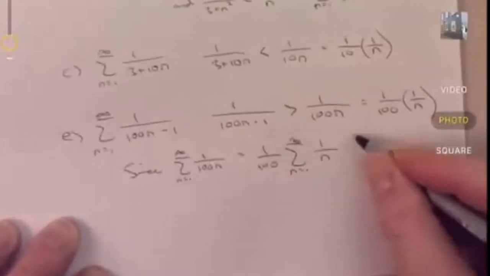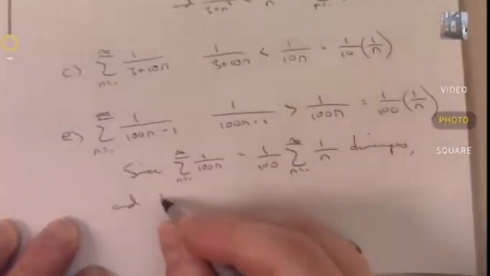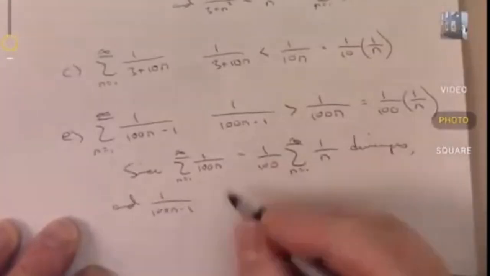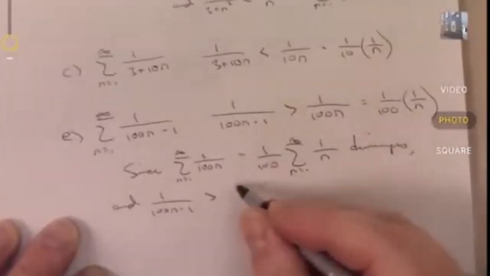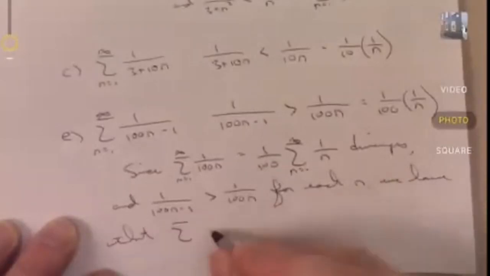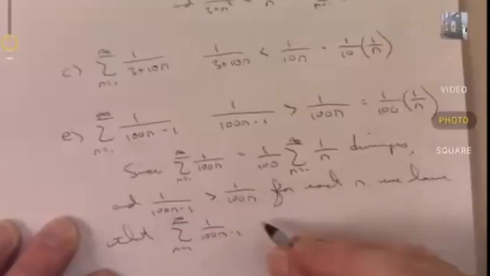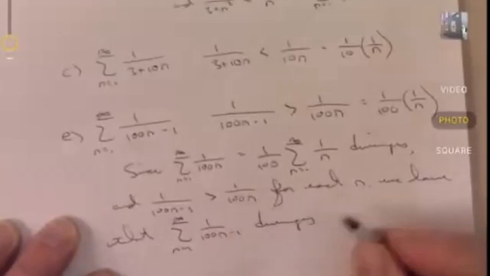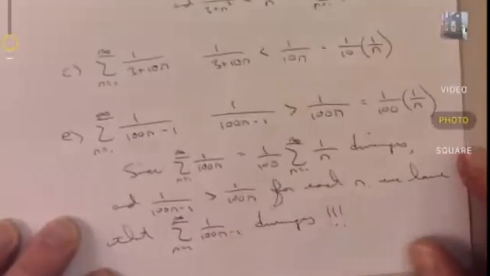Since that diverges, and the terms of the series that we're interested in are larger than these terms for each n, we have that the series in question is also going to be divergent. Right?